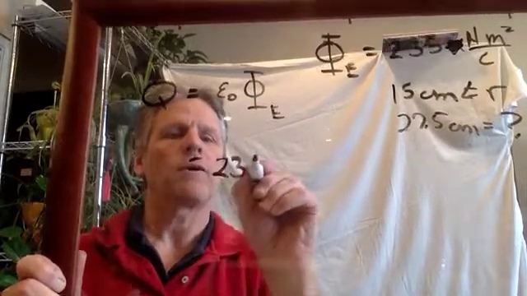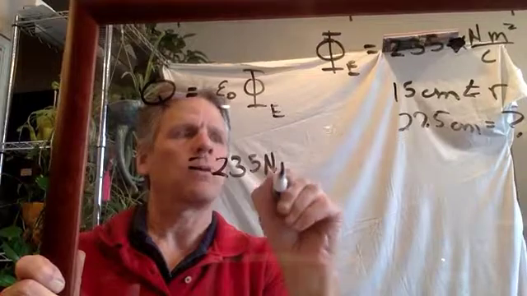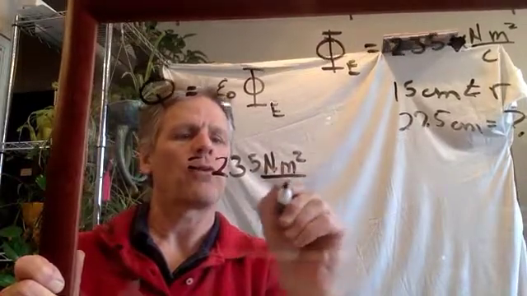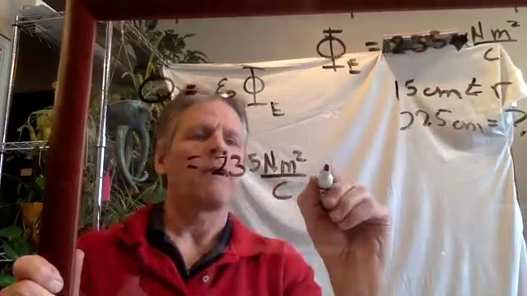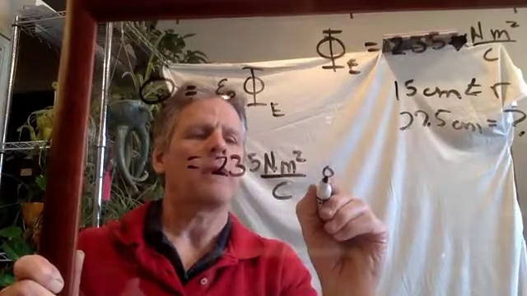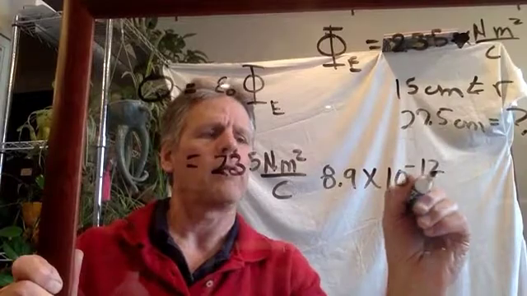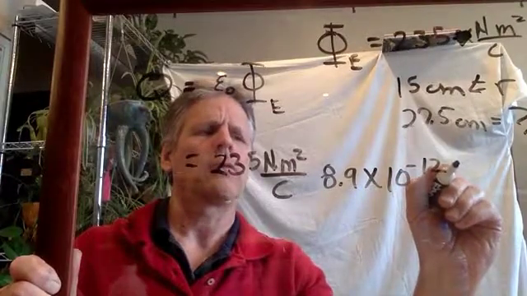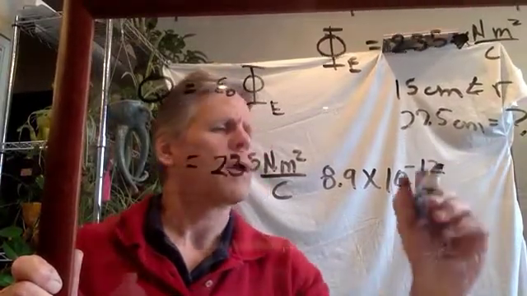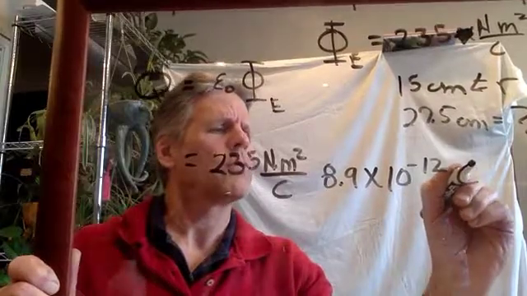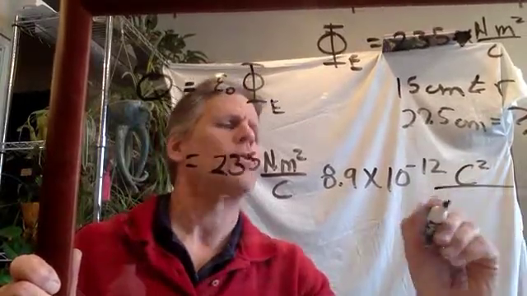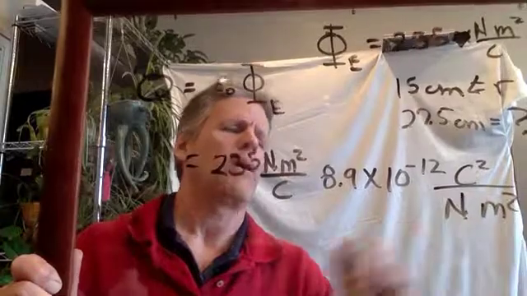We have 235 Newton meters squared per coulomb, and epsilon 0 is 8.9 times 10 to the minus 12, oh gosh, what is it? Coulomb squared per Newton meter squared.